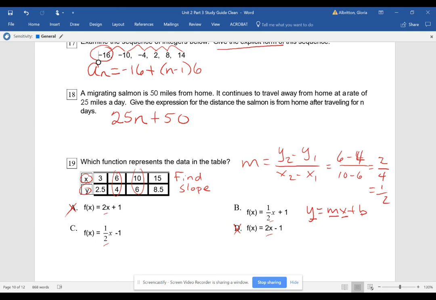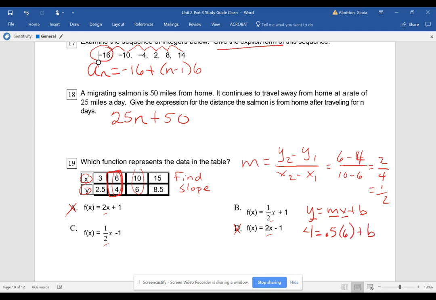So let's pick 6 and 4. So when y is 4, I'm going to use this one. I like these points. So y is 4 equals, now for my slope, instead of 1/2, I'm going to make it 0.5, which is the same as 1/2. It's just a decimal. So when y is 4, x is 6. So I need to put 6 in place of the x, plus b.